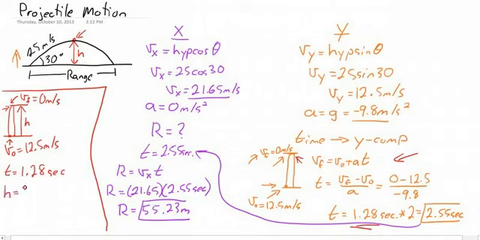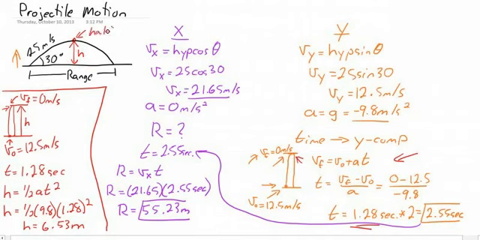Then we can calculate our height as one half a t squared, where our height will just equal one half times 9.8, which is gravity, times our time of 1.28 squared. This gives us a maximum height of 6.53 meters. So that will be its height at its highest point, exactly halfway through the trip.